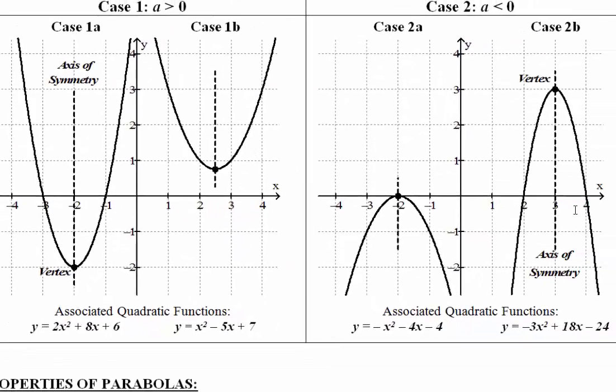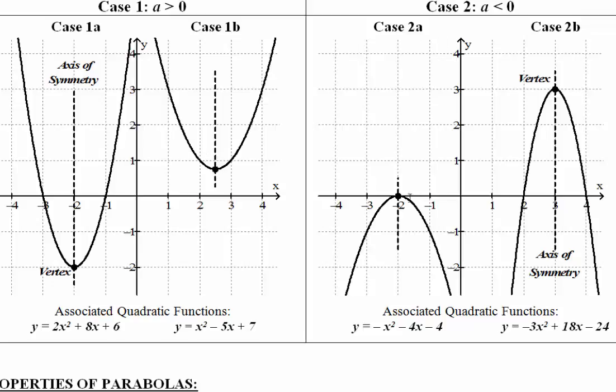Looking at our four graphs again, if I were to look for the coordinates of the vertex, well, really the vertex is the minimum or the maximum point on your parabola. So if I look at this parabola, the minimum value happens here at -2, -2. So this point down here would be my vertex. The vertex in case 1b looks like it's some value just below 1.